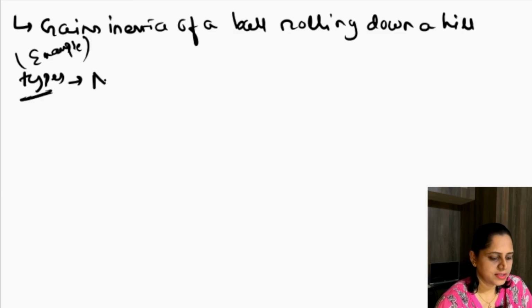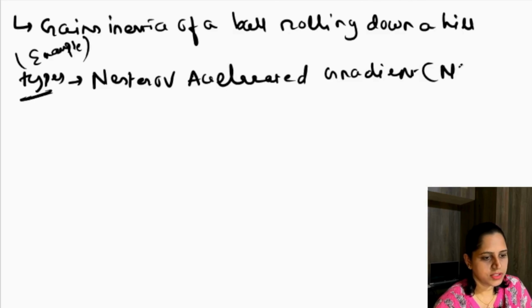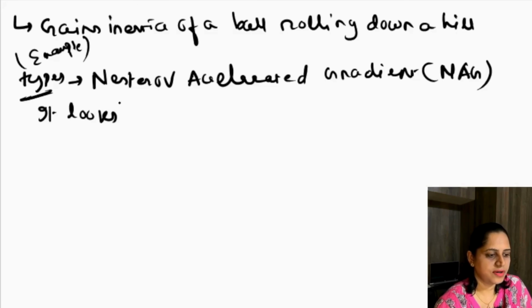And we have various types. One is Nesterov accelerated gradient, which is called NAG. NAG is a form of momentum based method.